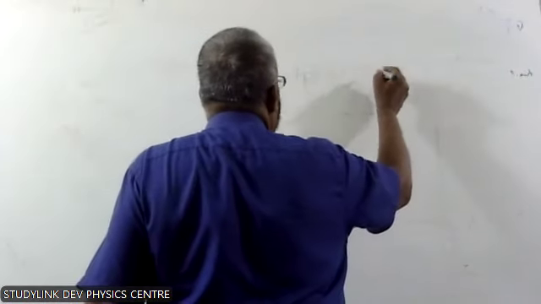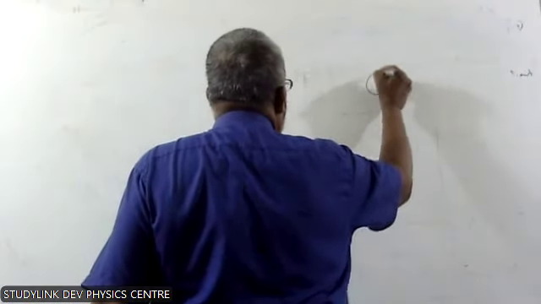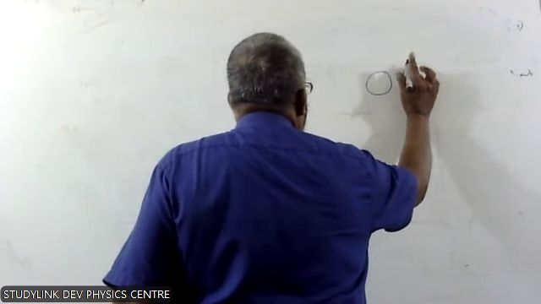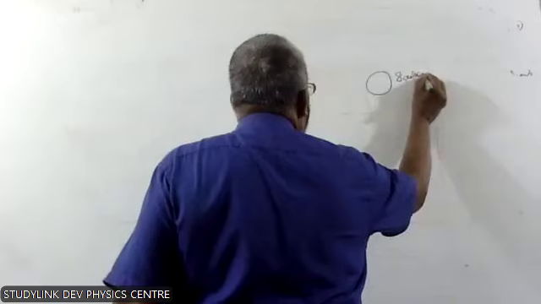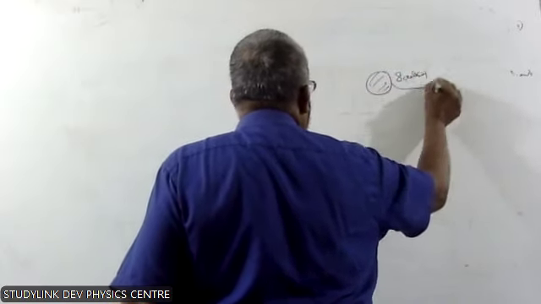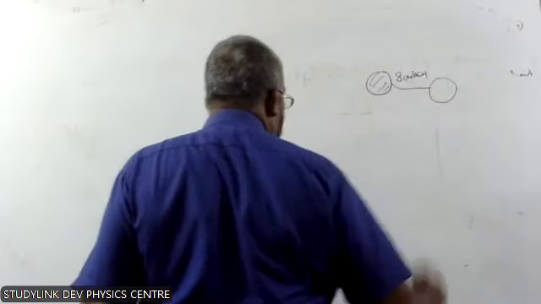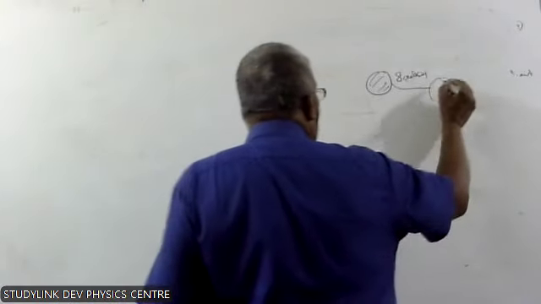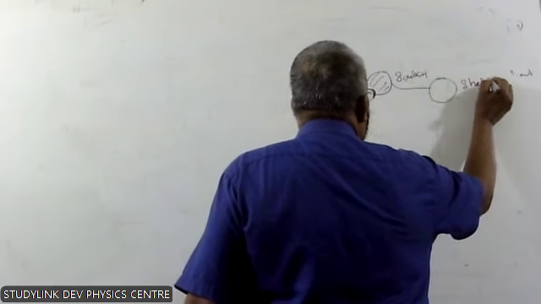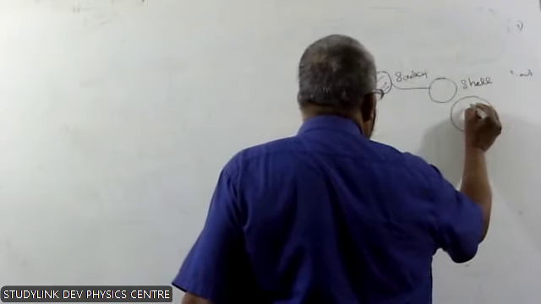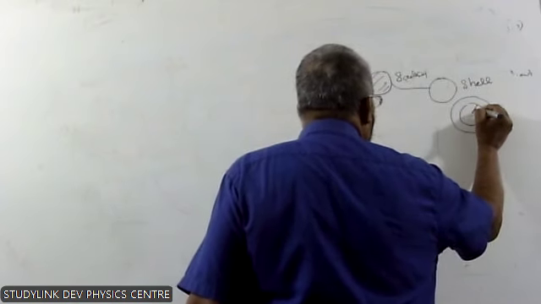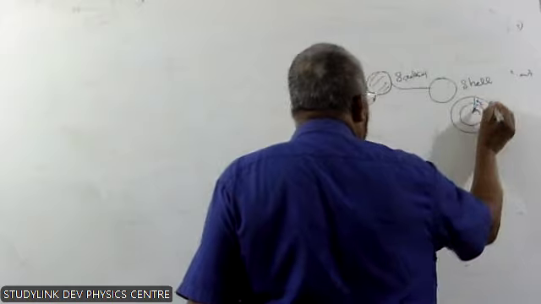A sphere is connected, one is a solid sphere, and it is connected with a string to another hollow sphere, a shell. A hollow sphere has some thickness, internal radius A1, external radius A2, like that.